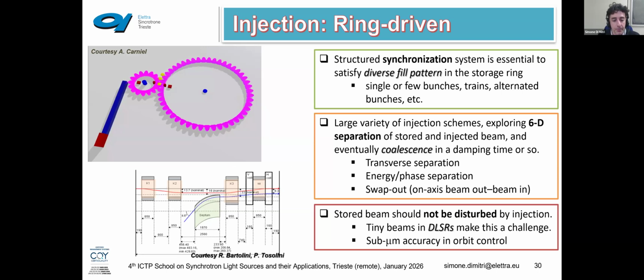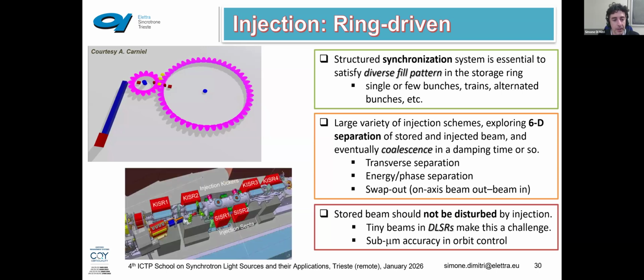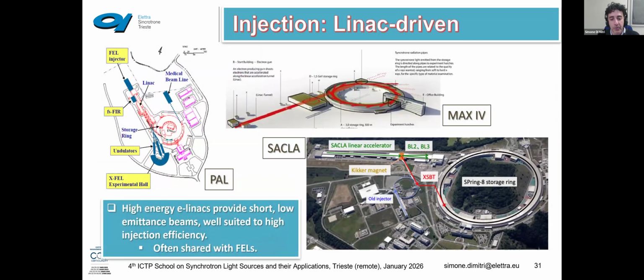Anyhow, this is just to illustrate some of the critical issues in designing an accelerator chain, which implies the knowledge of beam physics and technology in linear and circular accelerators, on top of diagnostics, synchronization, computing resources, and so on.